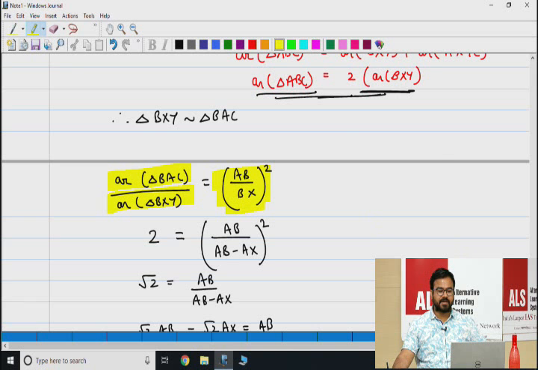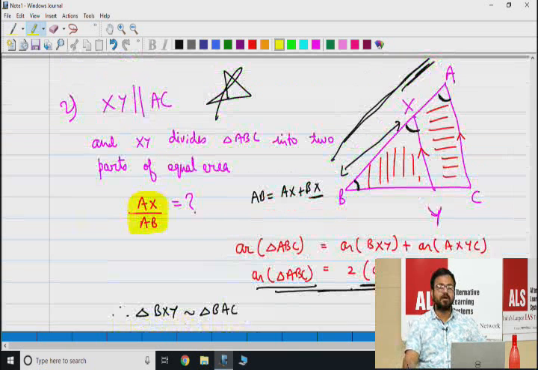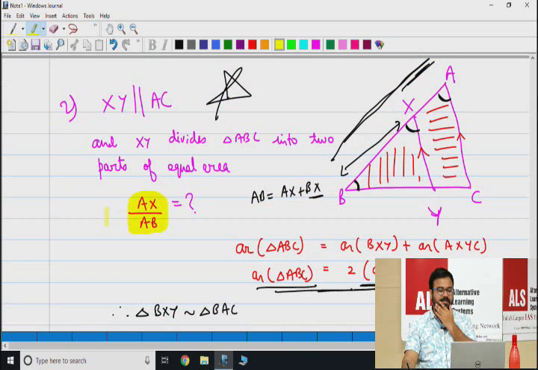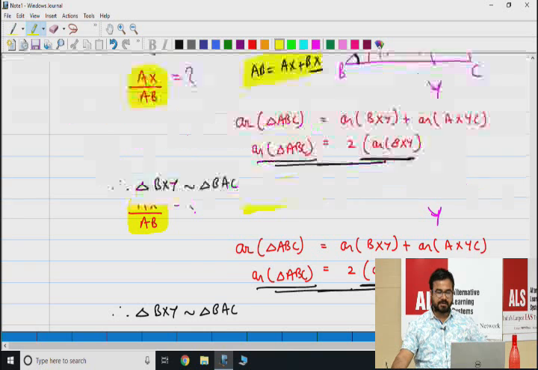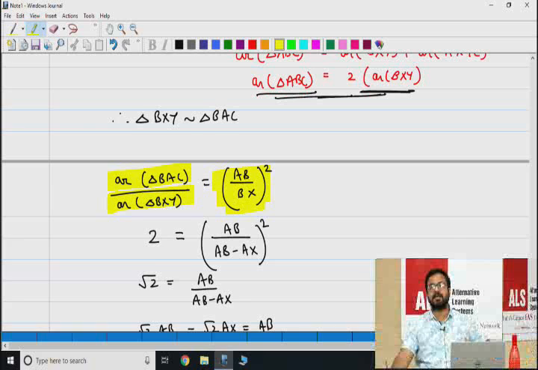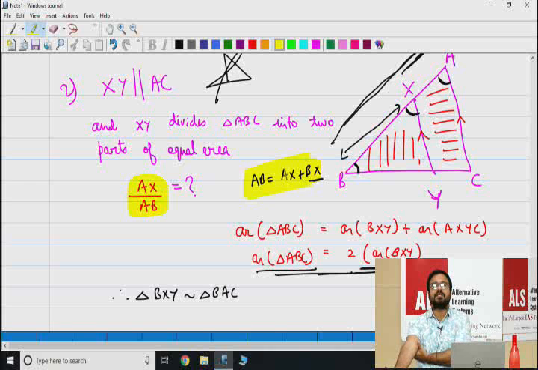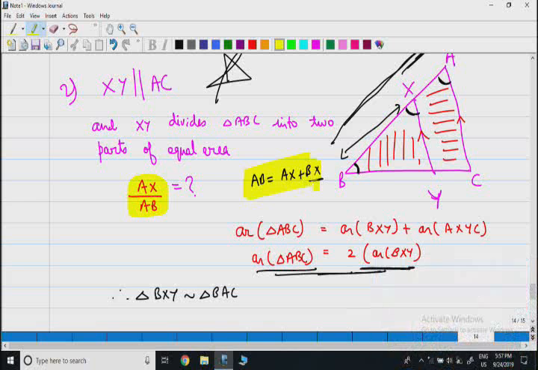Now first of all I looked at what we have to find. I want AX and AB in our answer, and we know that AB is nothing but AX plus BX, and in this expression we are getting BX. We don't want BX in our calculation, so I have just replaced BX with the help of that relation, AB is equal to AX plus BX. So I have written BX as AB minus AX.